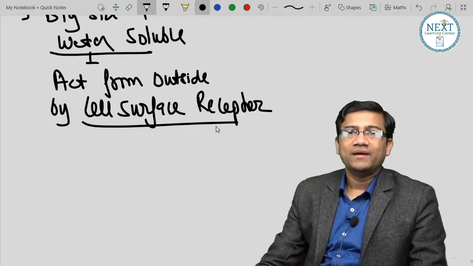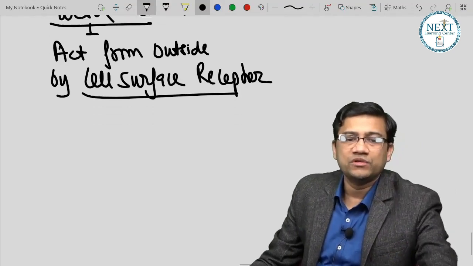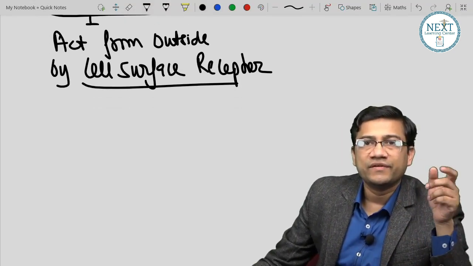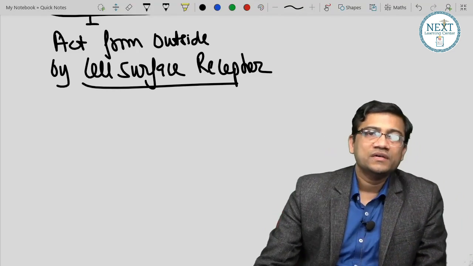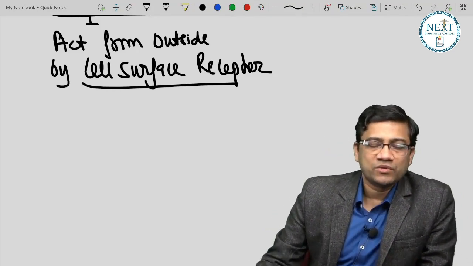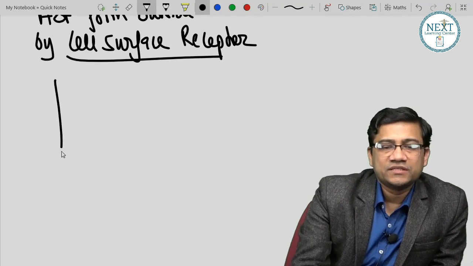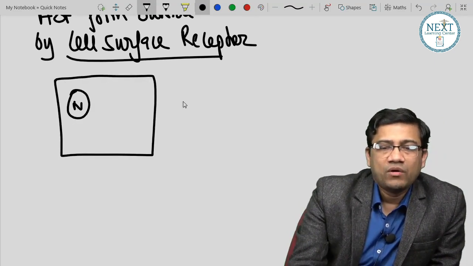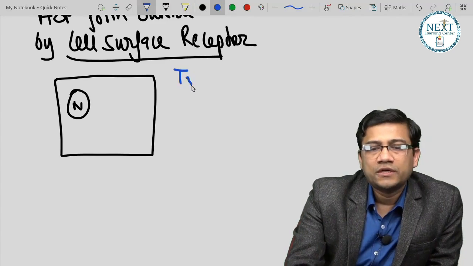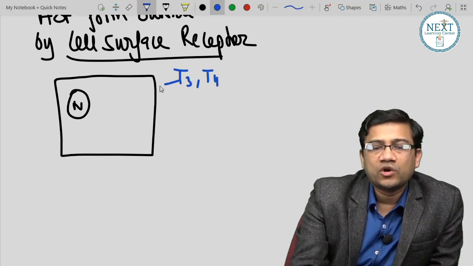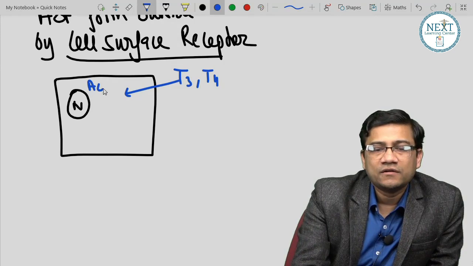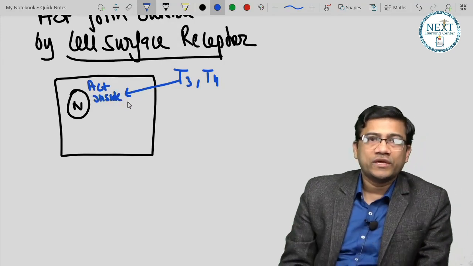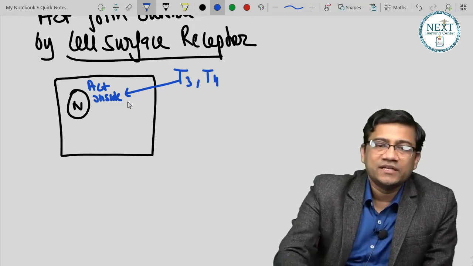So they will be acting from the outside using the cell surface receptors. Okay, I'll give an example. Let's say this is the cell, this is the nucleus, and now let's say this is thyroid hormone T3, T4. They can cross the membrane and act inside the cell.